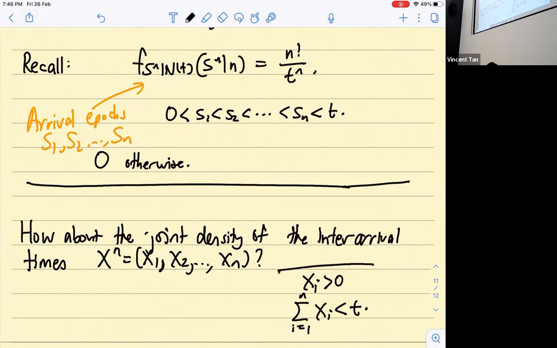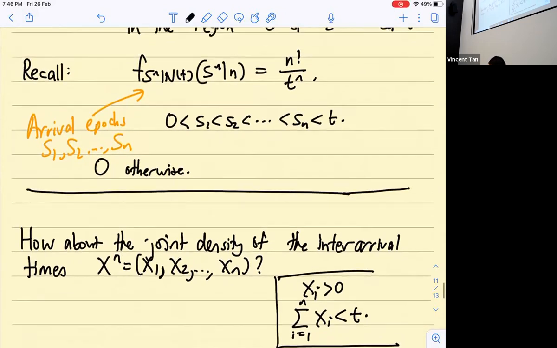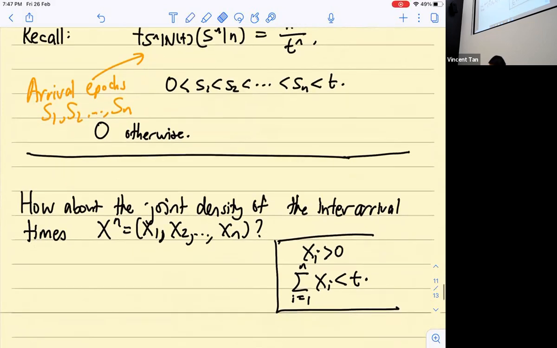That is the region where the density will be non-zero, because this is the allowable region of inter-arrival times. You agree? Just like this is the allowable region of the arrival epochs. Okay, this now here is the region that we allow for the inter-arrival times.